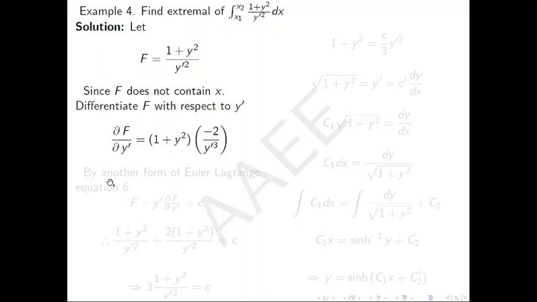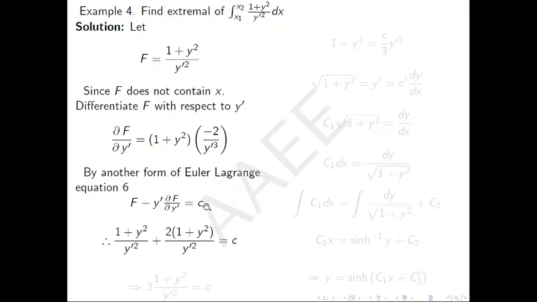Since it is free from x, you are supposed to use the other form of Euler-Lagrange's equation, so this will be f minus y dash del f by del y dash is equal to c. Putting the values, this will be a 3, because this one is 1 and this one is twice, so 3 into (1 plus y square) upon y dash square is equal to c.